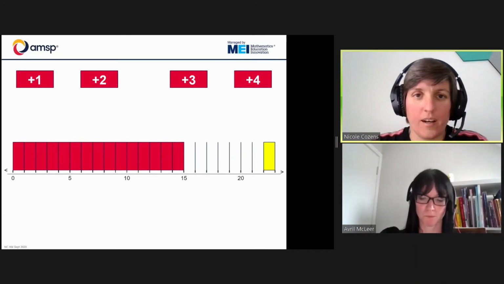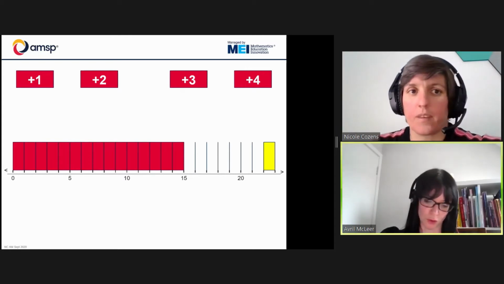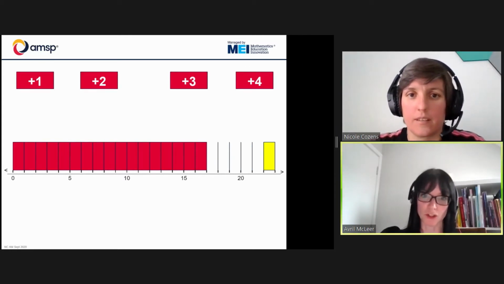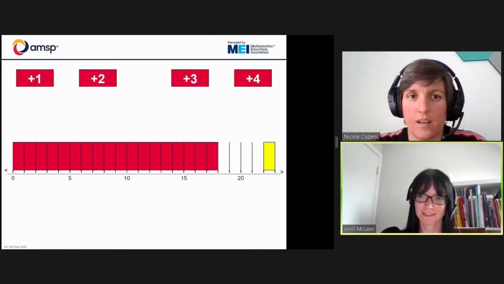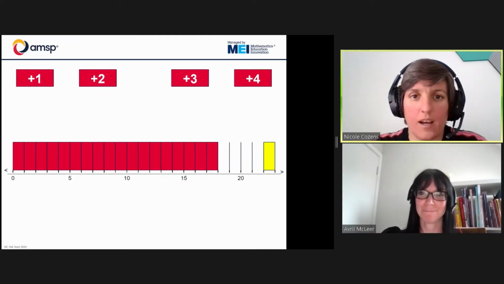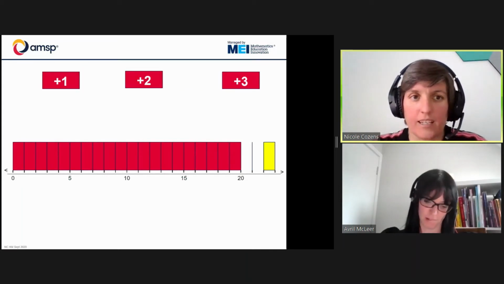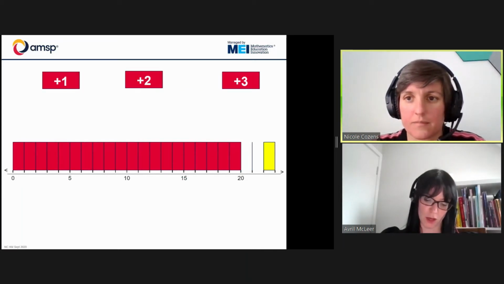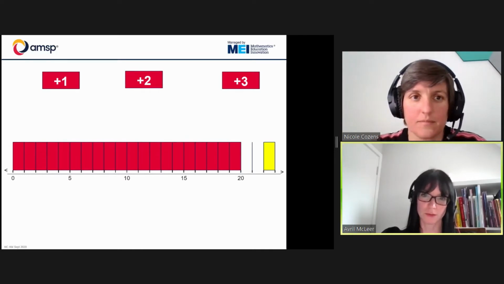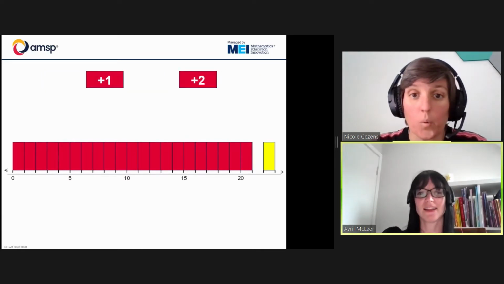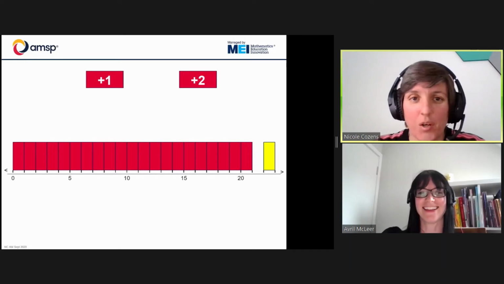All right, I'm going to slow it down a little bit and add a 2. 2, okay. I'm going to add 1, please. I'm going to keep going small and add 2. 2. I'll add 1. Oh, I'm going to add 2.